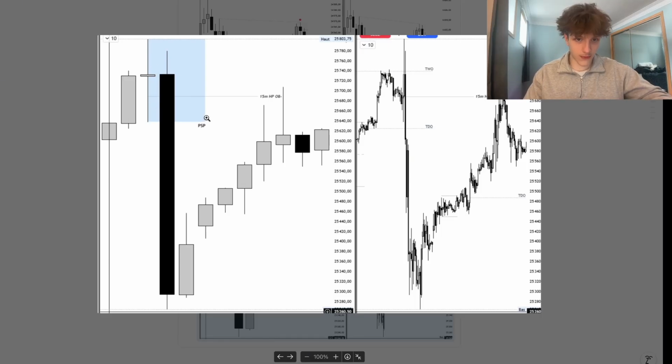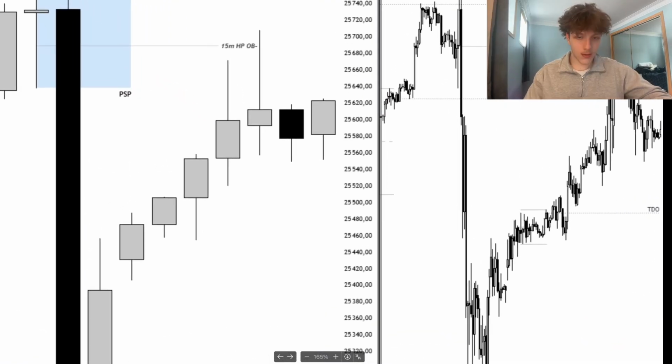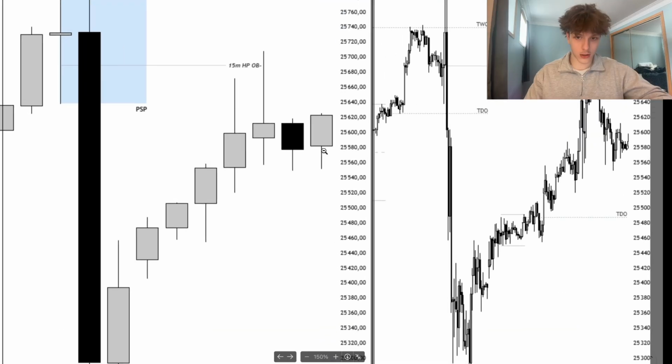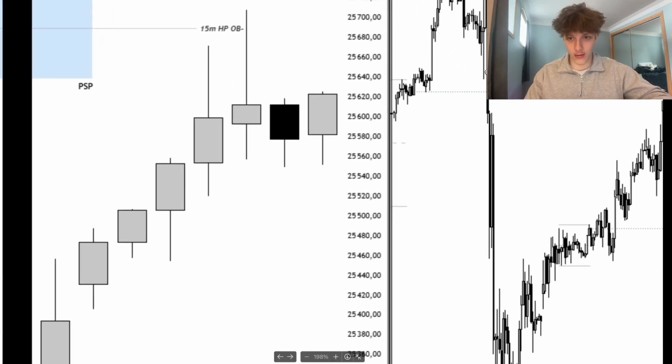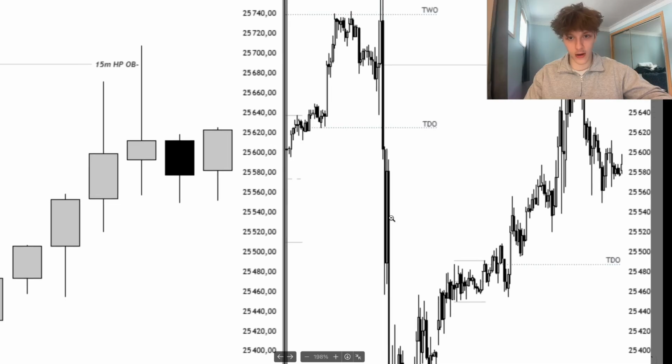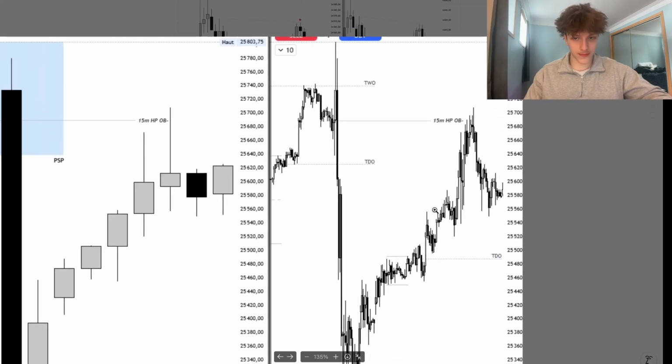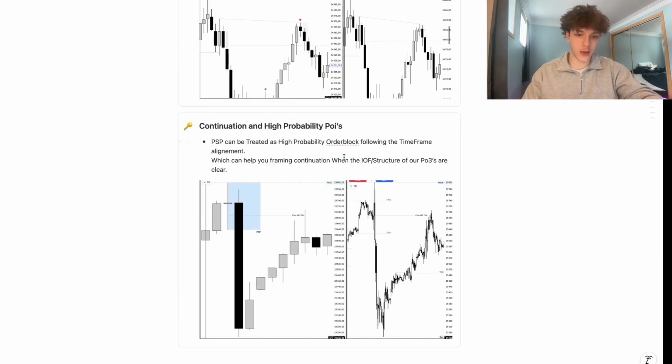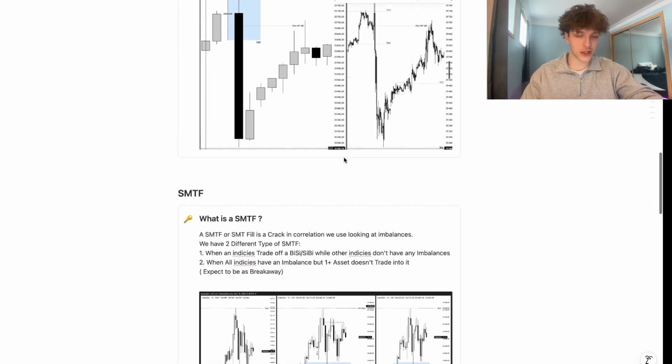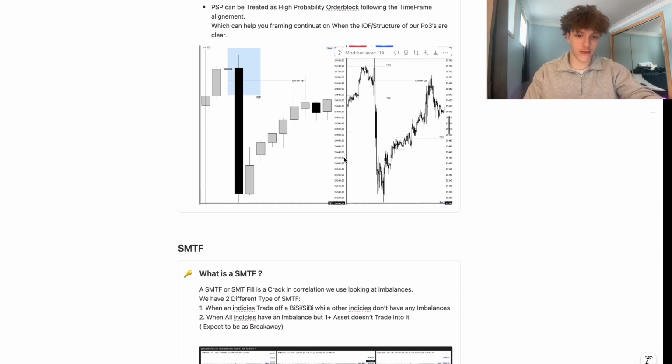So if we look on the 4 hour chart to our left, we can see that we got the 15-minute high probability order block inside of our 4 hour PSP. So it's really the first candle that formed the order block after the PSP closure. I personally don't really use that, but sometimes it's kind of cool to reference.